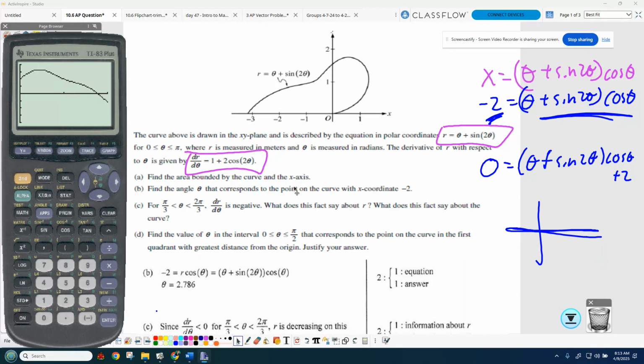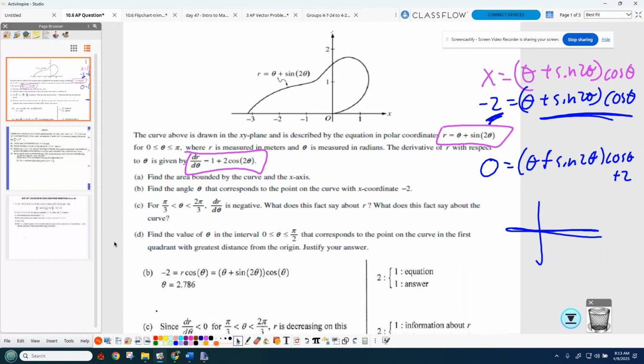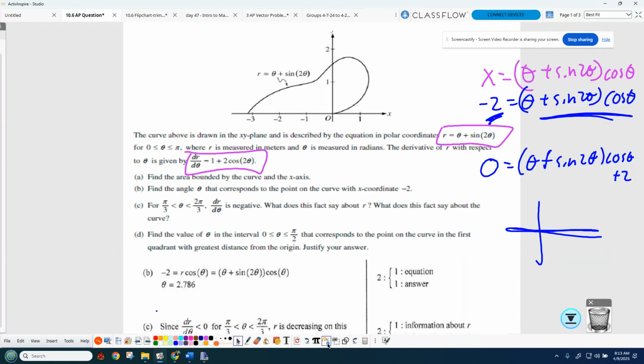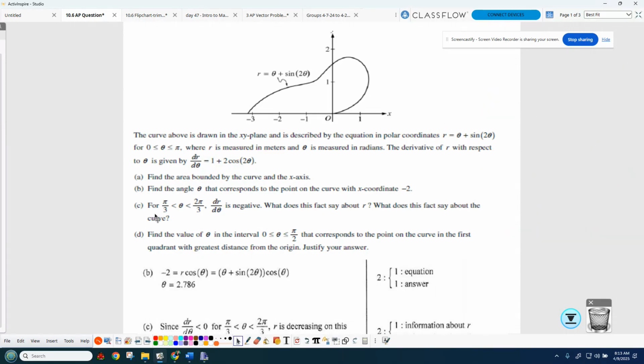Okay. And this question, they're being all kinds of nice to you. They're telling you, all right, for pi over 3 to 2 pi over 3, dr d theta is negative. We could have found that. It's just where 1 plus 2 cosine 2 theta equals 0 and then test things.